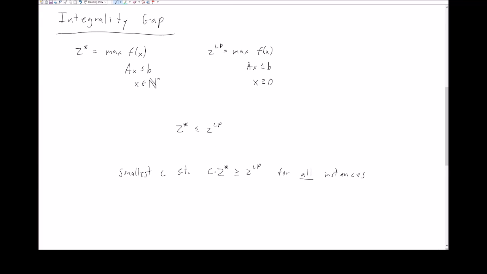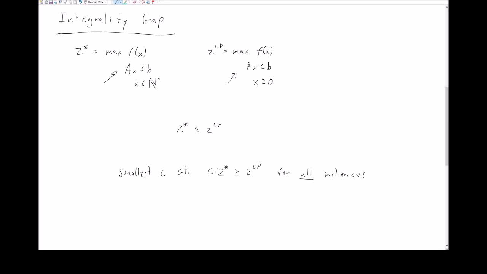To talk about how bad a linear programming relaxation can be, we need some measure of how bad it's going to be. And our measure is going to be called the integrality gap. The integrality gap is defined between an integer program and its linear programming relaxation.